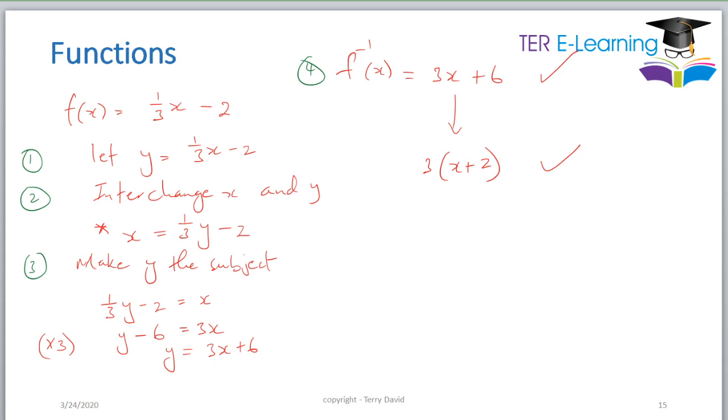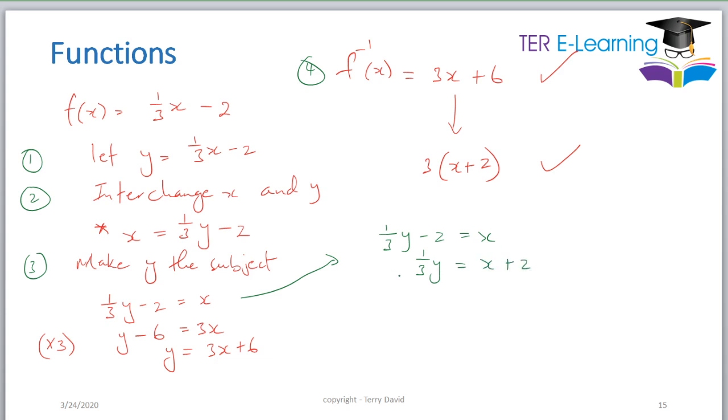Alright, somebody's asking if there's another way instead of multiplying by the 3. Okay. So yeah, we didn't have to multiply by the 3. Let me show you an alternative way. So we have 1/3 y minus 2 is equal to x, right? So we can write 1/3 y is equal to x plus 2.